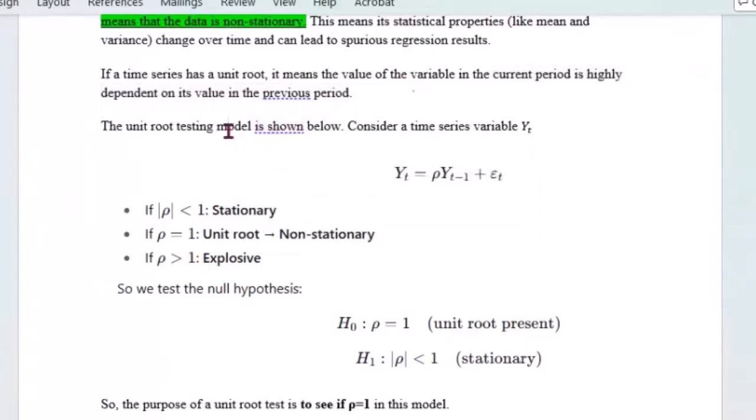That means the current period's data is affected by the previous period's data.